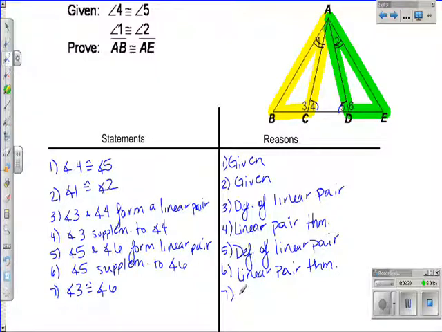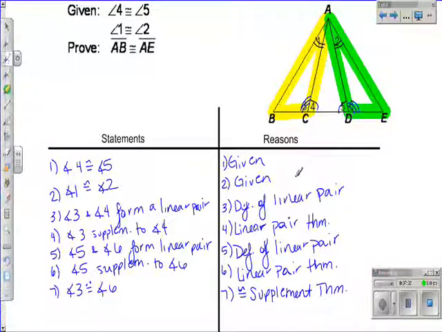That theorem told us that if two angles are supplementary to the same angle or to congruent angles, then those two angles have to be congruent. So now we know that angle 3 is congruent to angle 6.